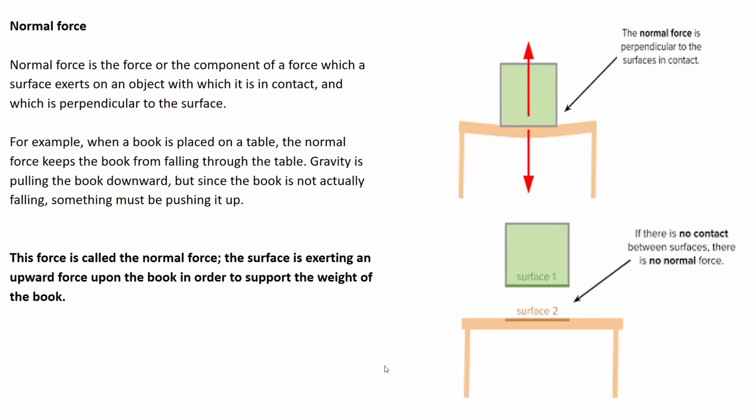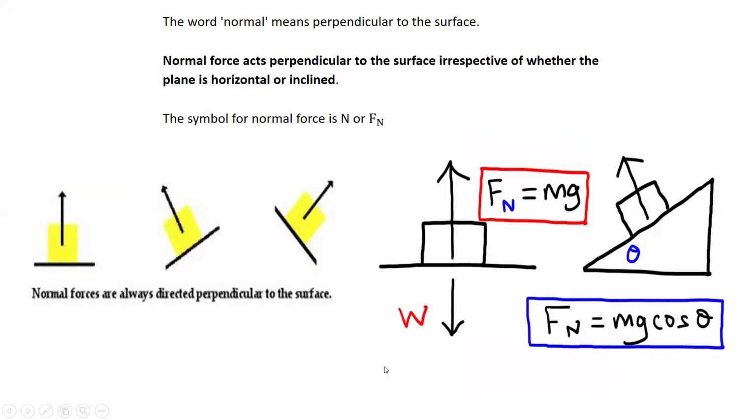Here's my next slide, and here's the statement that I was giving. I was saying to you that the normal force, I'm reading this in bold, the normal force acts perpendicular to the surface irrespective of whether the surface plane is horizontal or the surface plane is inclined.